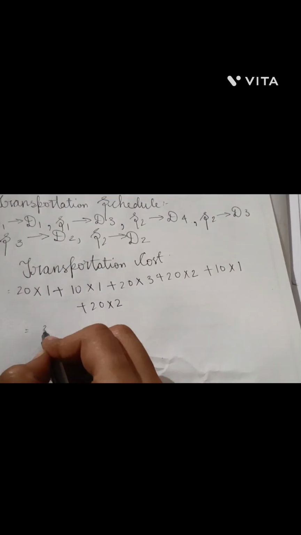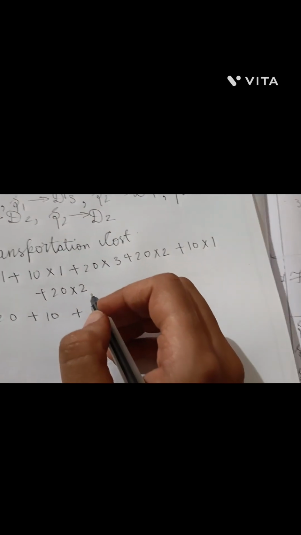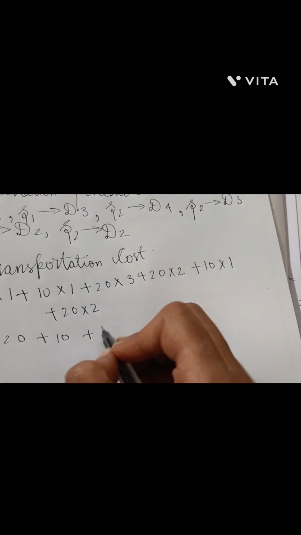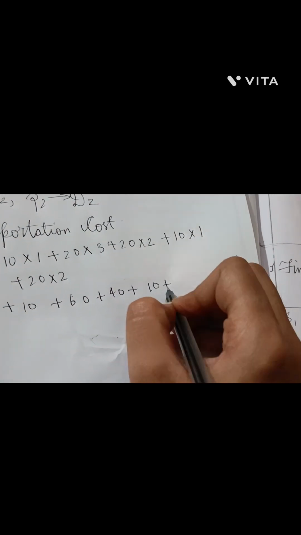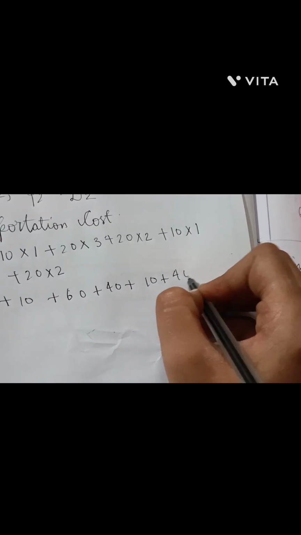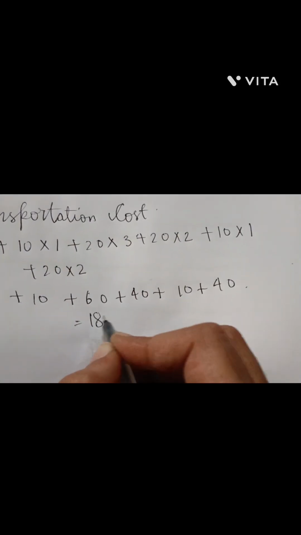So this is going to give us 20 plus 10 plus 60 plus 40 plus 10 plus 40. Finally, 180.